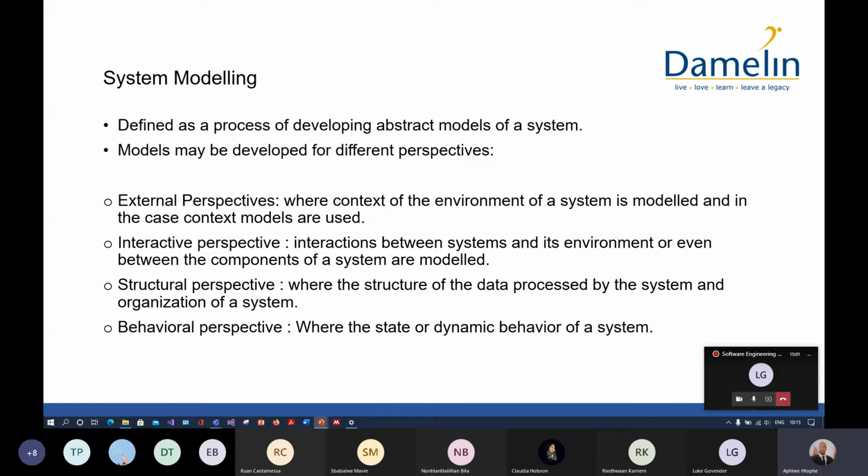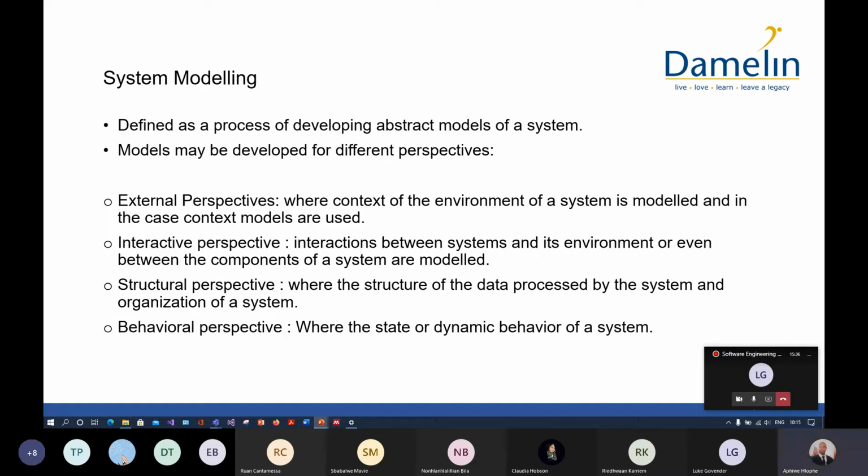The models that are categorized as external perspective show how the system exists and is related with other subsystems. So the external perspective shows you the environment in which the system is running, what platform it is hosted on, and which other related systems it is operating with.